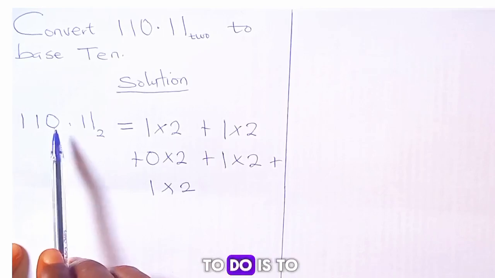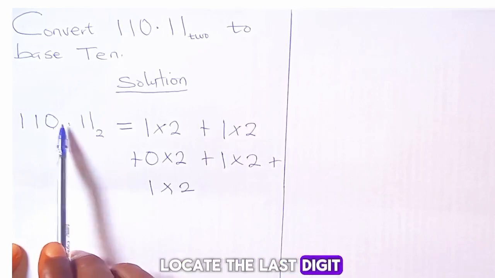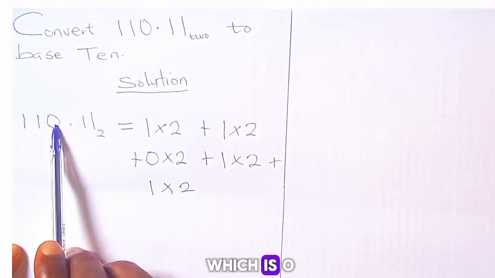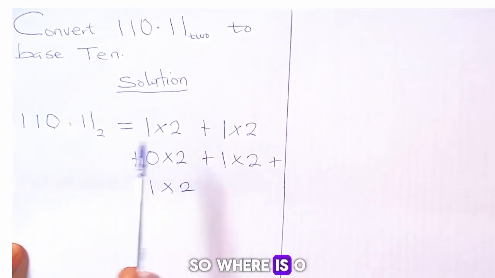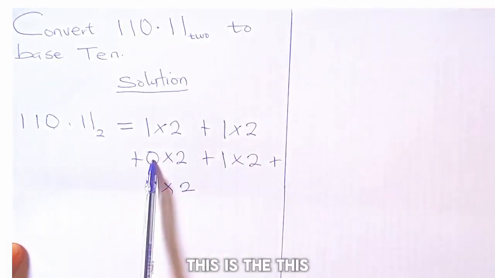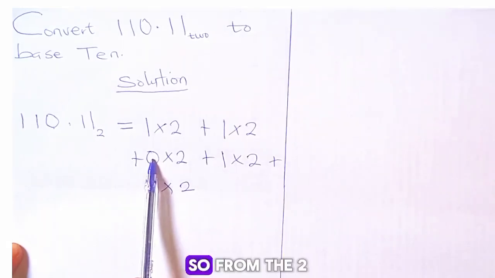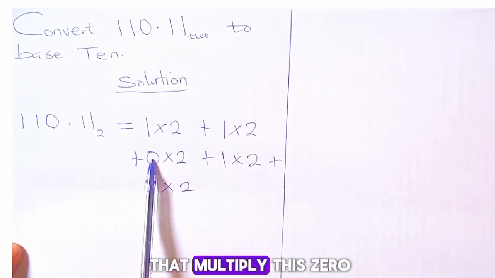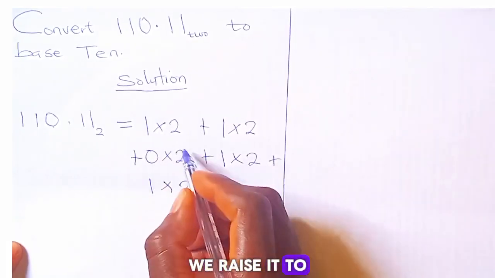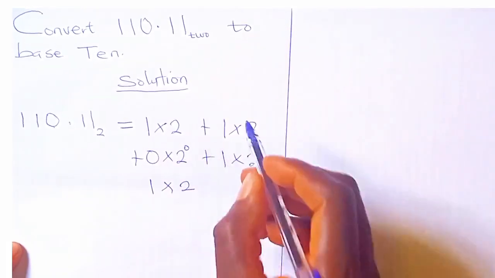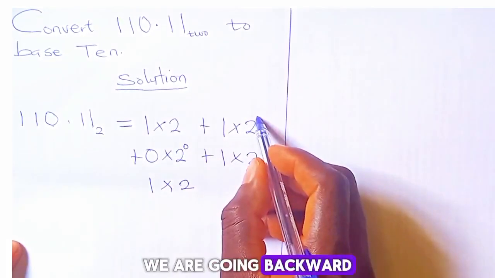So the next thing to do is to locate the last digit before the decimal point, which is 0. So where is 0 in this multiplication? This is that very 0. So from the 2 that multiply this 0, we raise it to power 0. We are going backward.